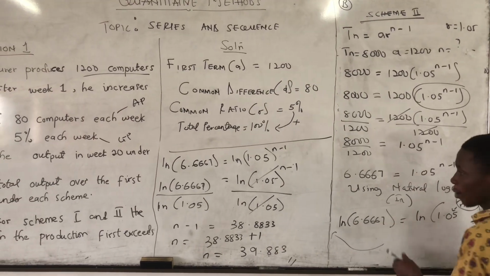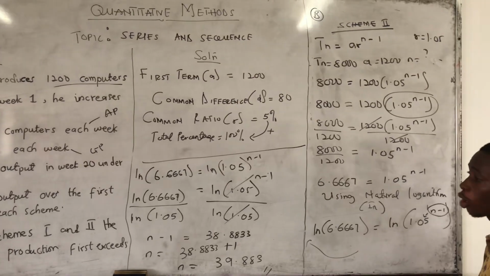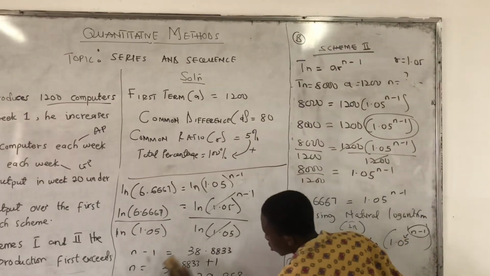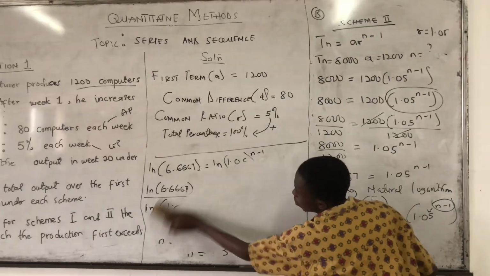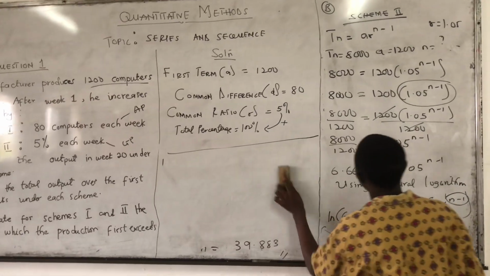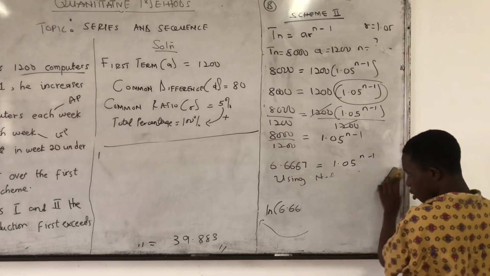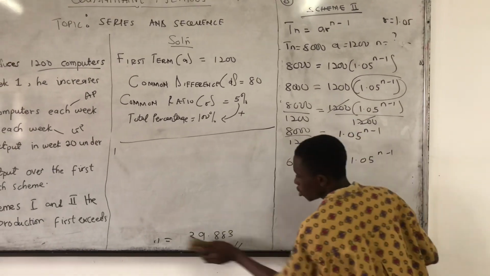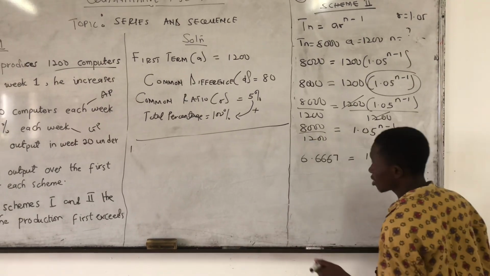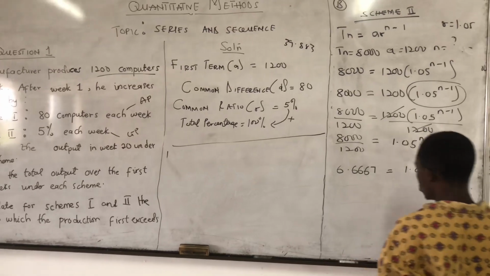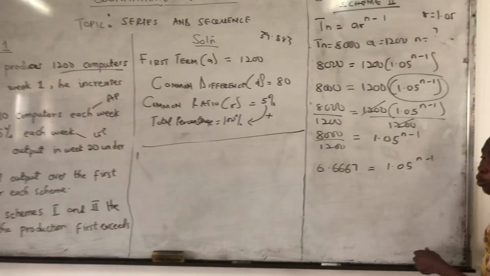So now let's write it somewhere, and let's also try using the log, and see if we are going to get the same answers. The previous one we had, let me put it here, 39.883. I'm still going to continue from here using log.